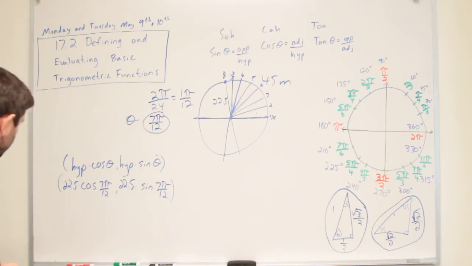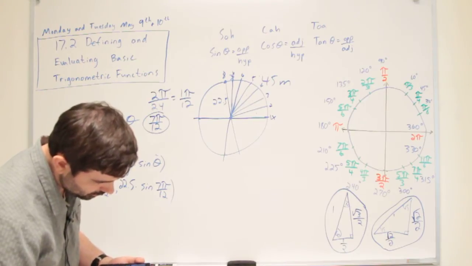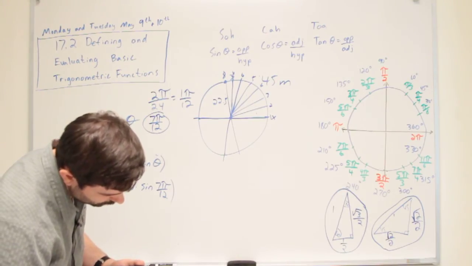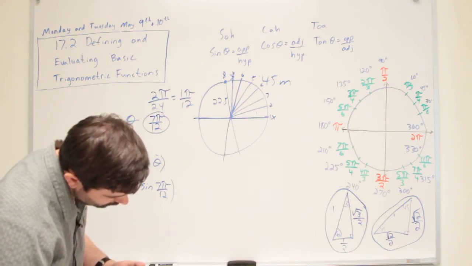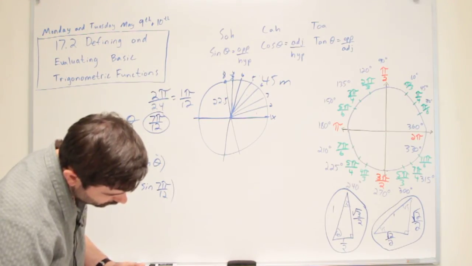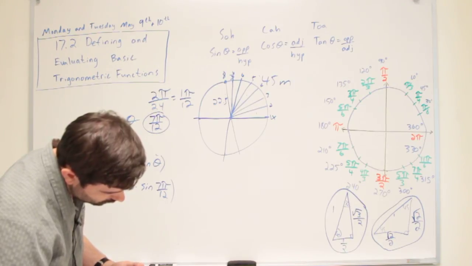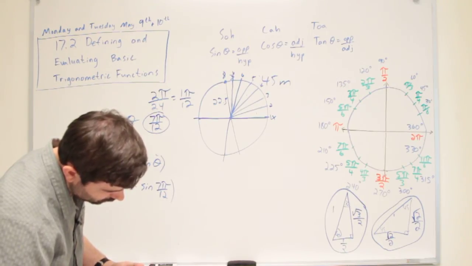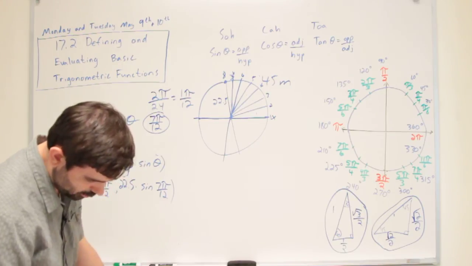Okay, so we're going to do cosine of 7 pi divided by 12 times 22.5, and we get 22.4. I'm going to have to stop there.